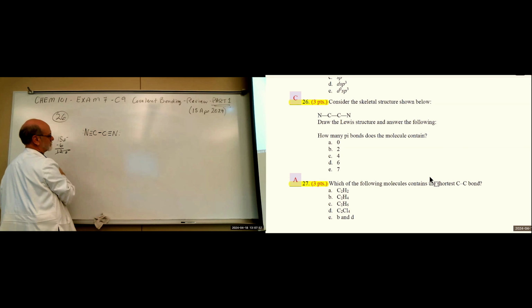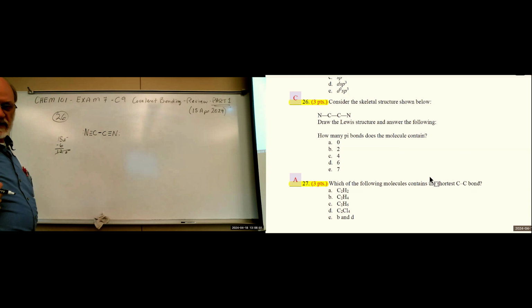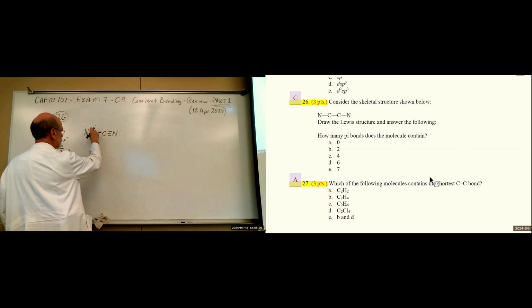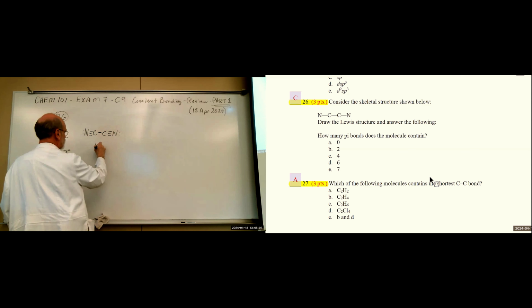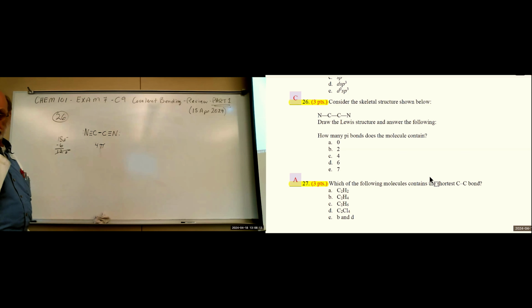Like that. Right? How many pi bonds does the molecule contain? 1, 2, 3, 4. That's 4 pi's. Yeah, 4 pi bonds.